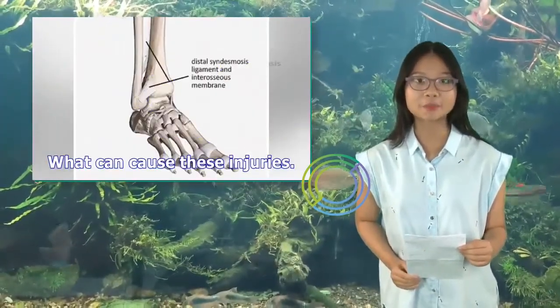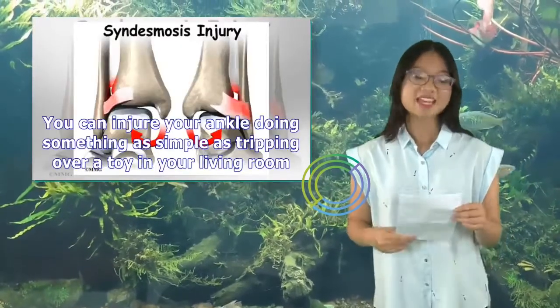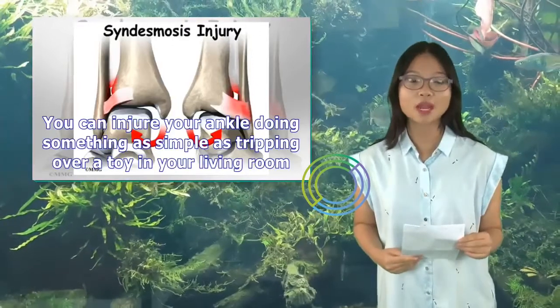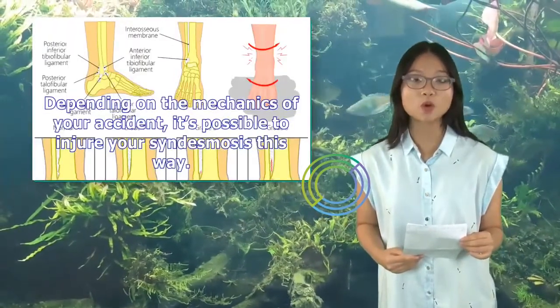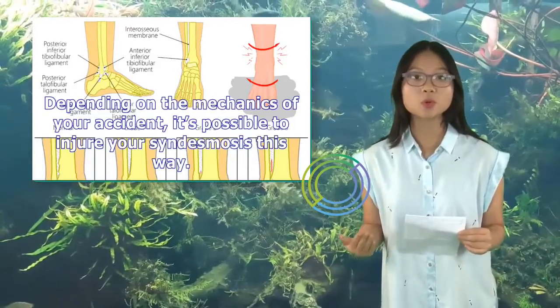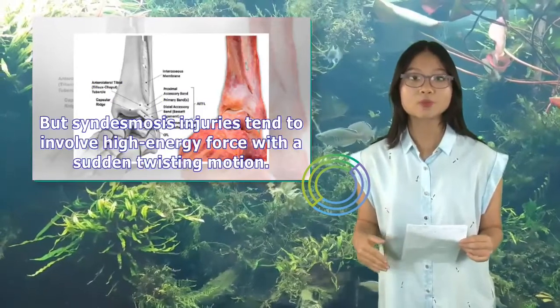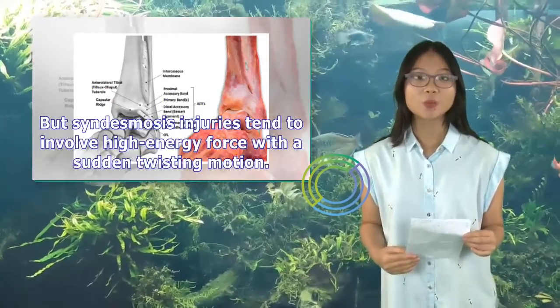What can cause these injuries? You can injure your ankle doing something as simple as tripping over a toy in your living room. Depending on the mechanics of your accident, it's possible to injure your syndesmosis this way. But syndesmosis injuries tend to involve high-energy force with a sudden twisting motion.